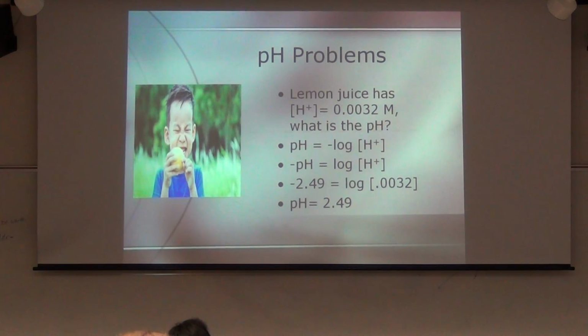And if you refer back to your pH table, the concentration of this solution is on the order of 10 to the negative 3, which means your pH should be about 3. Well, it is about 3. It's a little less than 3, and that's because our concentration is a little bit more than just 1 times 10 to the negative 3.